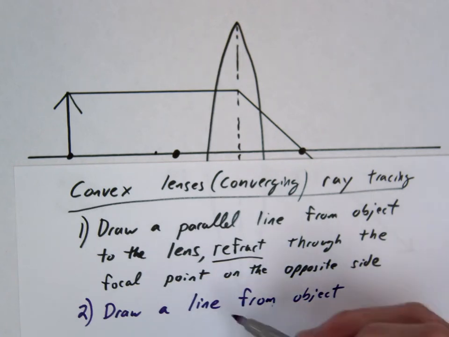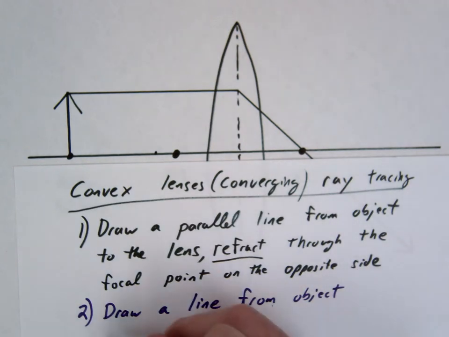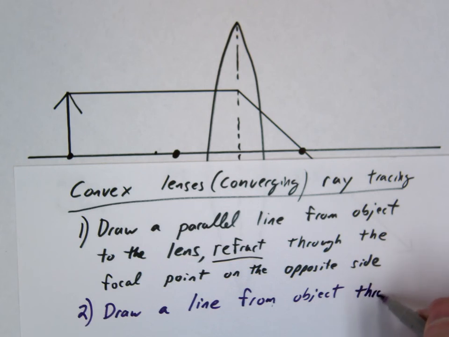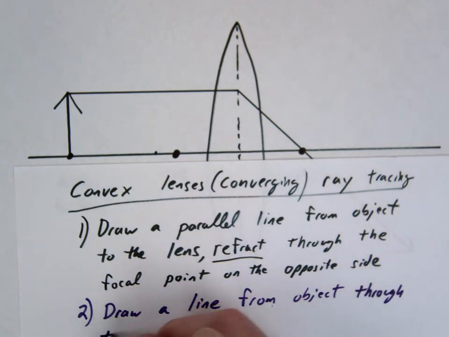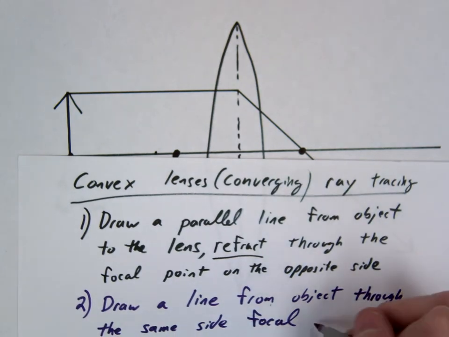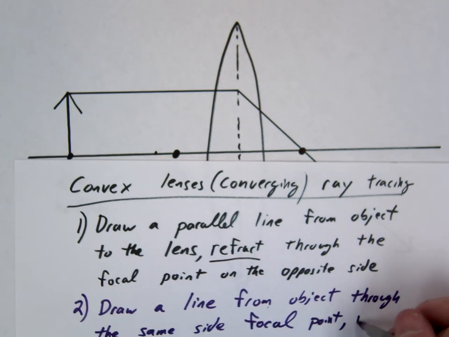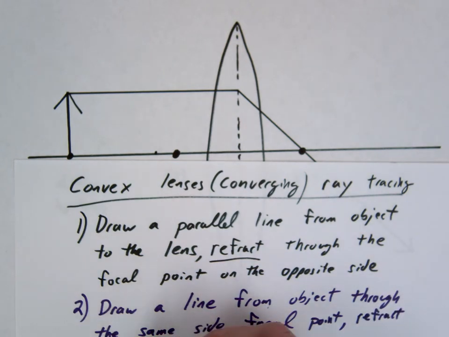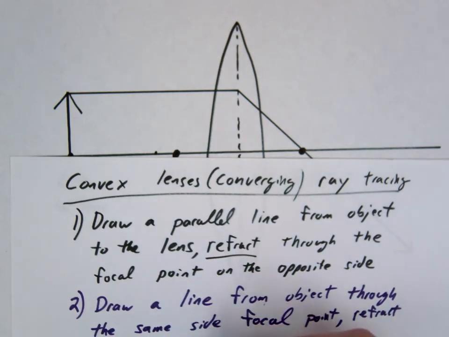Now one of the differences here is we're going to draw a line from the object through the same side focal. And we're going to refract it. Any guesses on how we're going to refract it? Parallel.